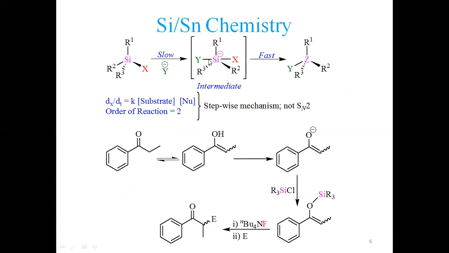Then in the next step, this Y leaves with its electron pair, generating this entity, which we commonly refer to as also involving inversion in configuration. Same kinetic data, same stereochemical data, but involving different mechanisms. So this is not called SN2.